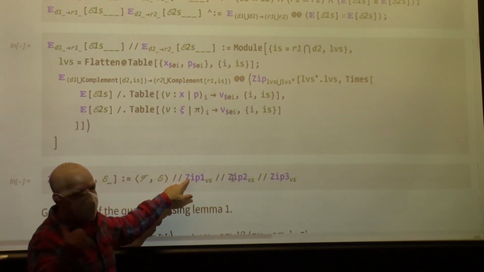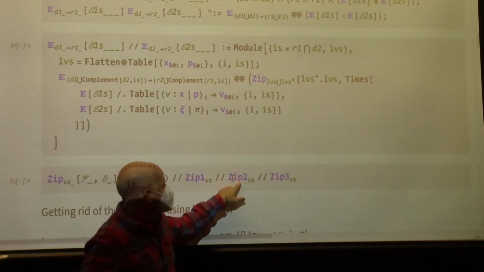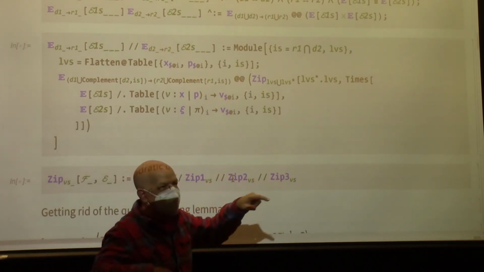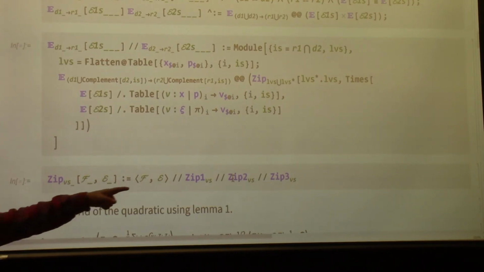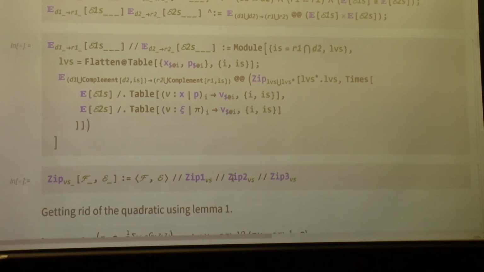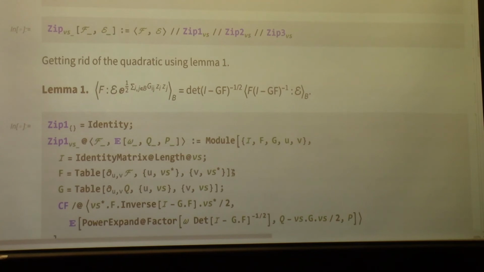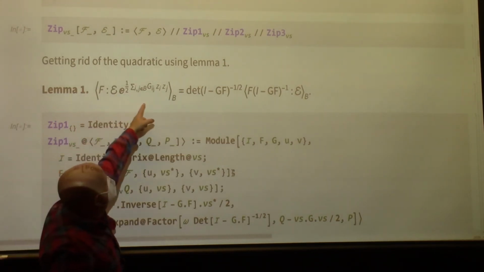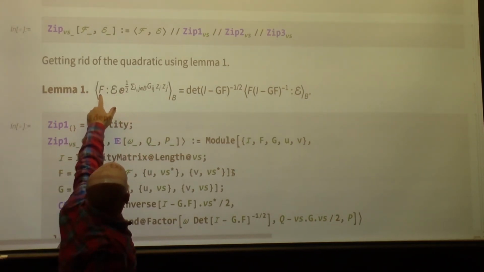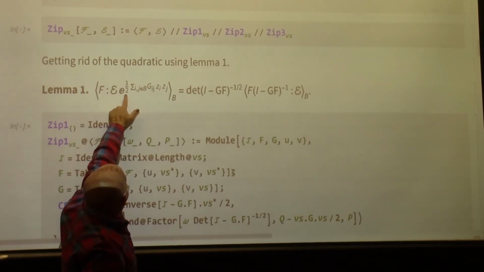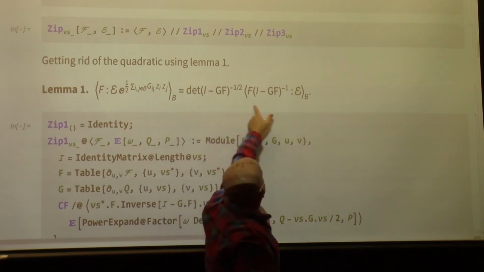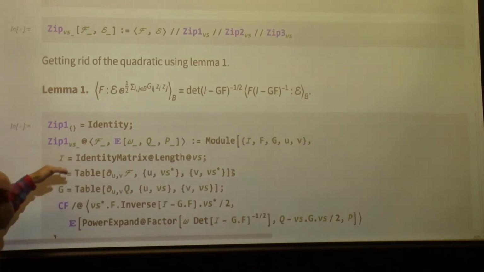Zip 1 corresponds to lemma 1, zip 2 corresponds to lemma 2, and zip 3 corresponds to this calculation that had to do with using the synthesis equation. Okay? And here is lemma 1 repeated. So when you want to zip f against an expression times a Gaussian, you do blah, blah, blah. So again, I will go over it later, but the point is, it's very, very easy.